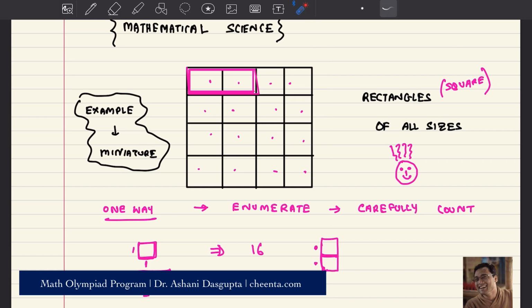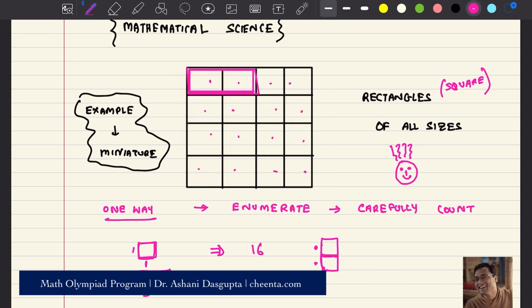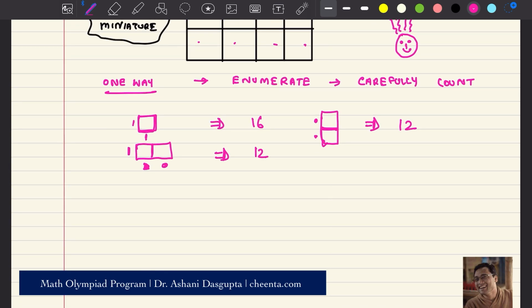So we have 1 of them, 2 of them, 3 of them, and then we have 3 here, 3 here, 3 here. So it's 12 again. So like this, we can carefully count all the different pieces. This is not the best way to solve the problem, but this is a very good exercise.